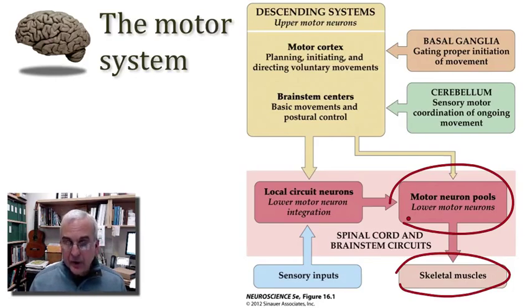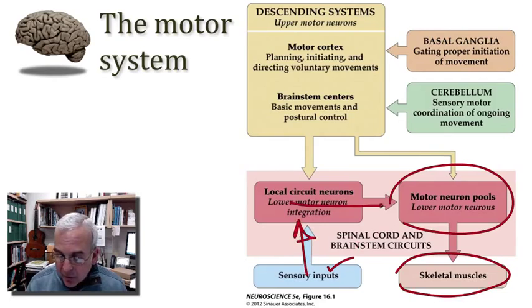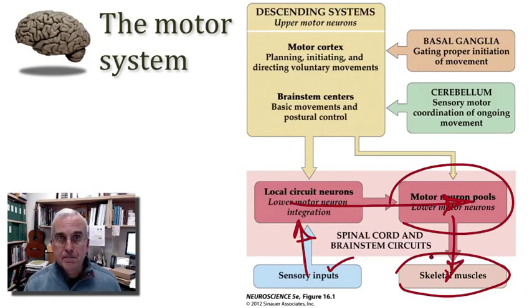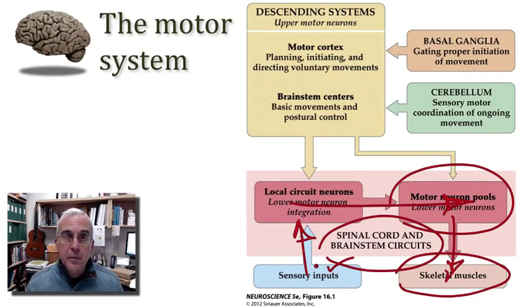Now, this circuitry that we find receives sensory inputs, and so one dimension of activity that we will explore today is this idea of local segmental circuits that perform reflexive adjustments of movement in response to specific sources of sensory information. So the local circuitry of the spinal cord and brainstem mediates reflexes.